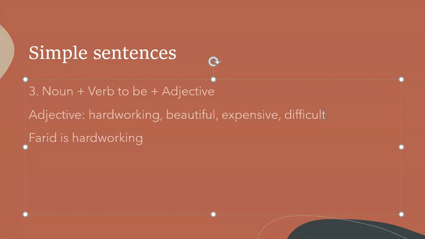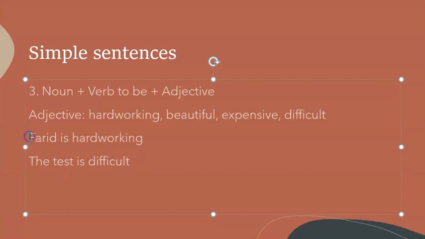These are all adjectives. Okay, things. The task is difficult. The task is the noun, the subject. Is is the verb to be. Difficult is the adjective. So does it fulfill the sentence structure?